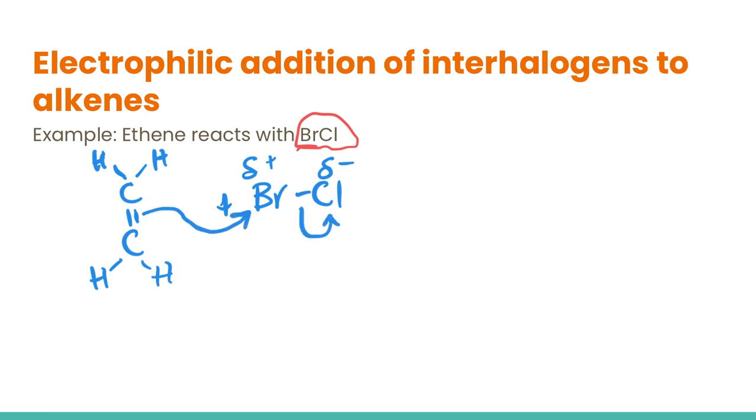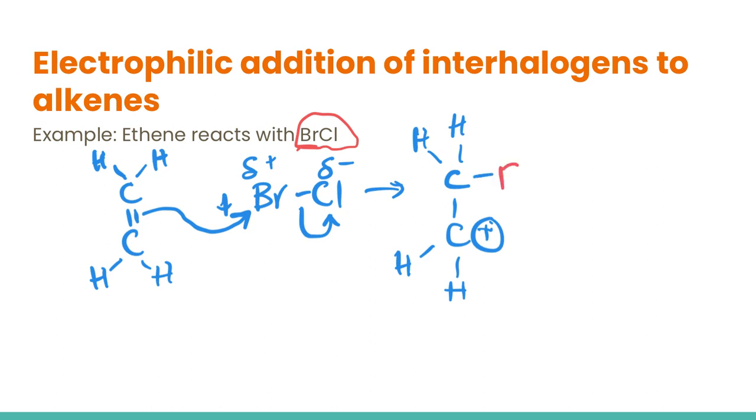That bond breaks. Then we're going to form, this one doesn't really matter where because both carbons are substituted the same. So we'll put the positive charge on the bottom. And then let's put that in red. That's our bromine. And then we've also generated a chloride ion.